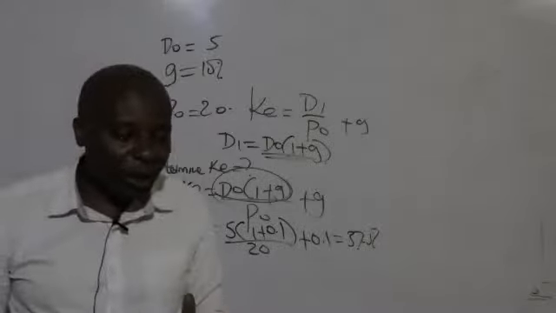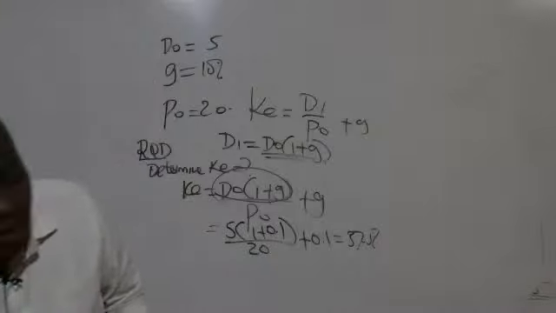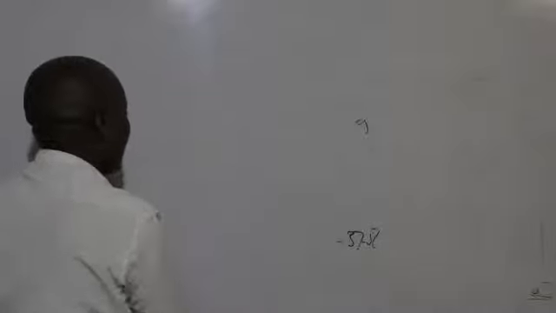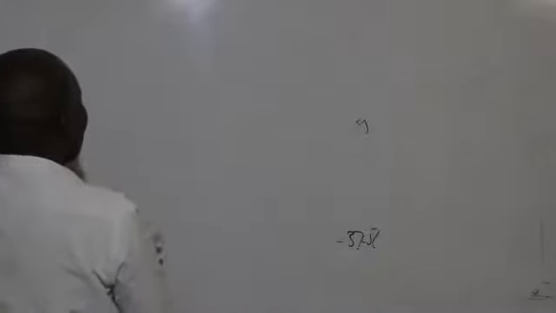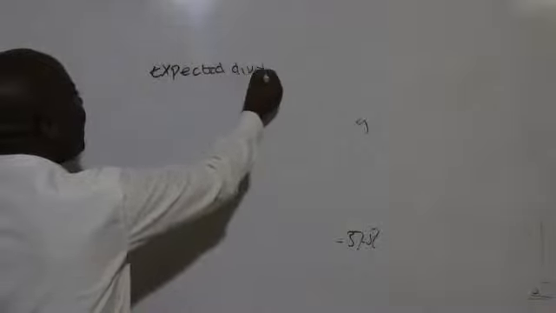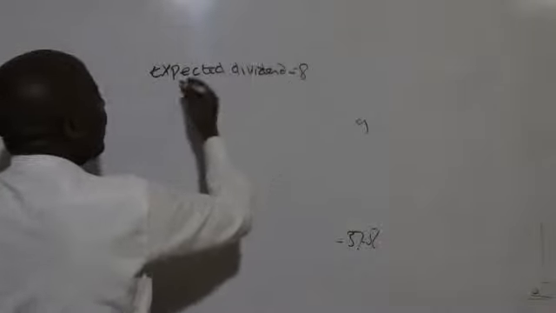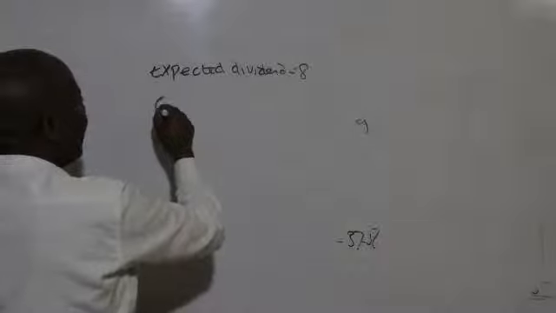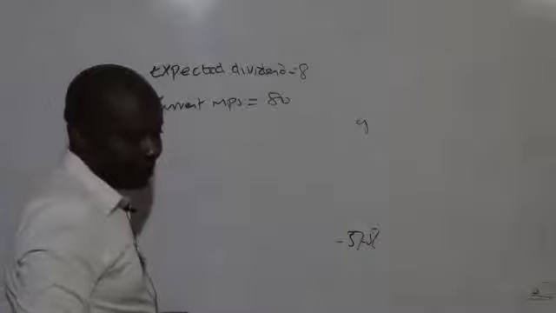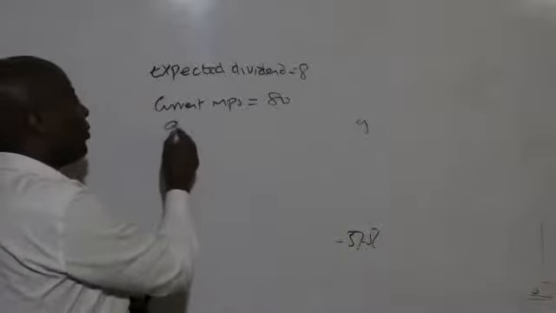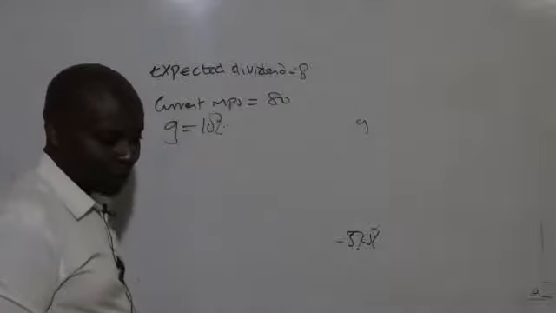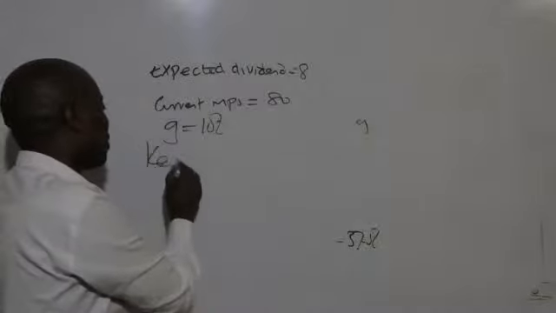So I hope I've been able to tell you that if you get a question like this in an exam, where somebody tells you that the expected dividend is 8, then they give you the current market price per share is 80, and then they give you the growth rate, which is perhaps 10%, they will ask you to give us Ke.